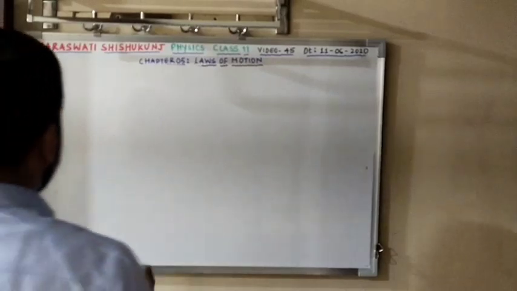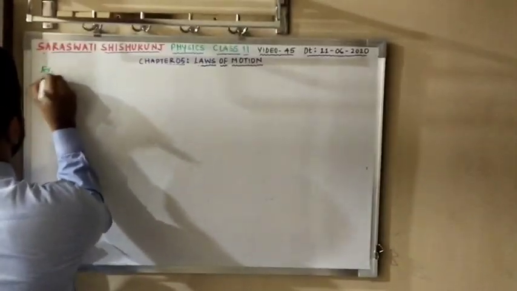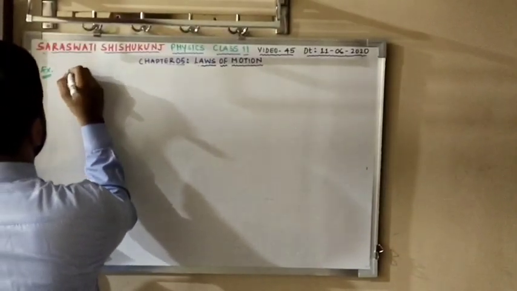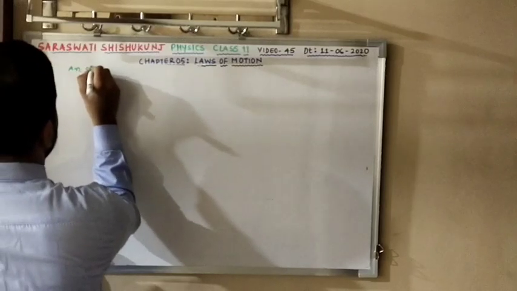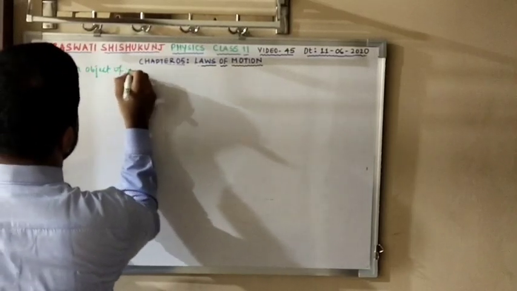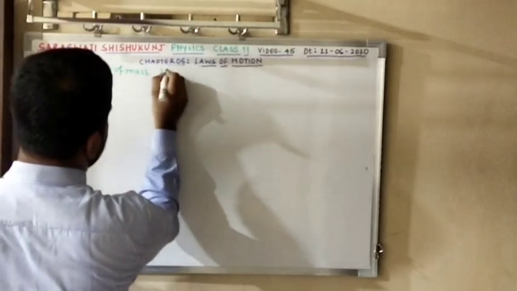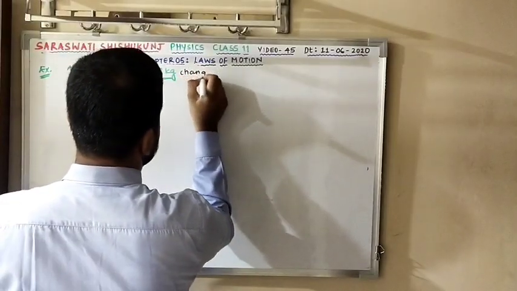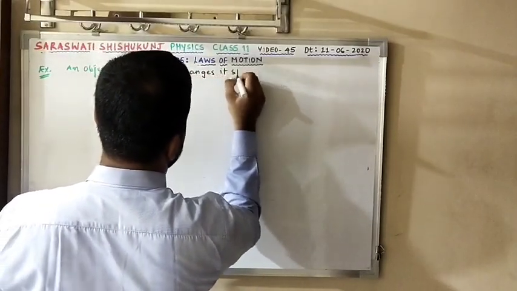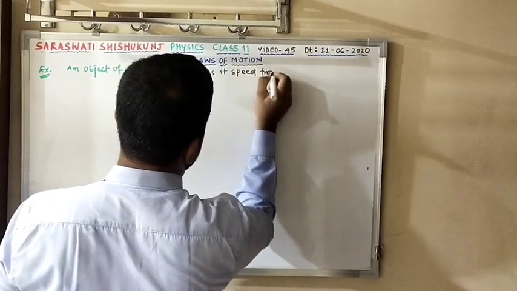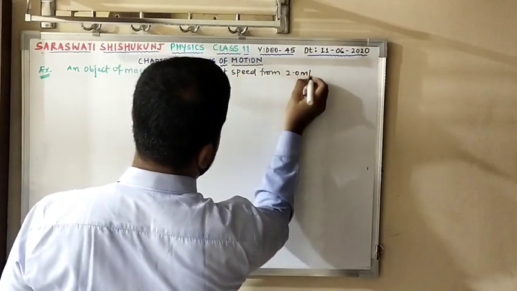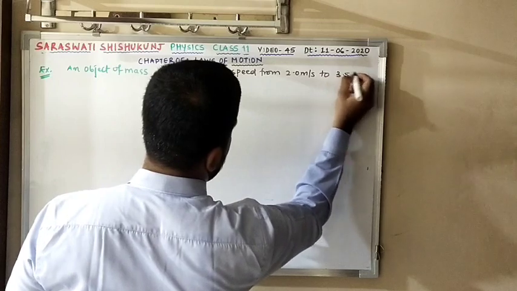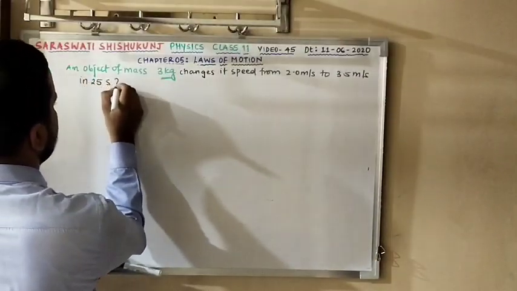So we are having an object of mass 3 kg. An object of mass 3 kg changes its speed from 2 meter per second to 3.5 meter per second in 25 seconds.